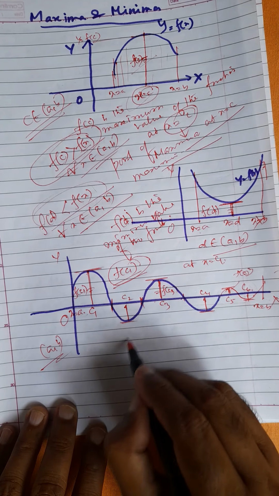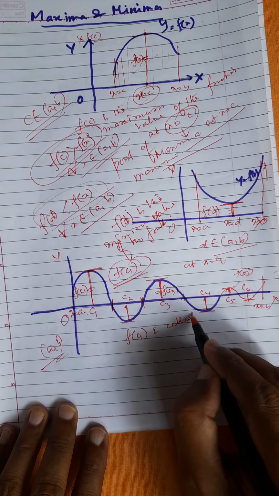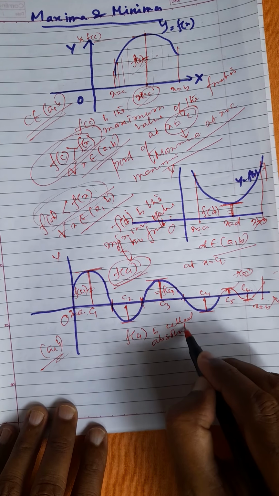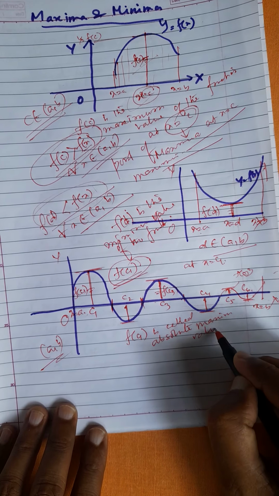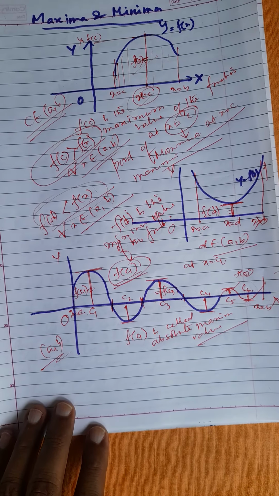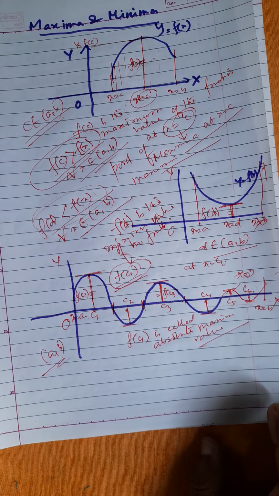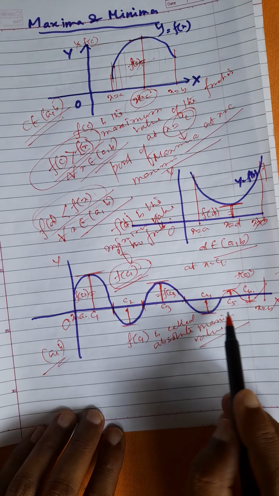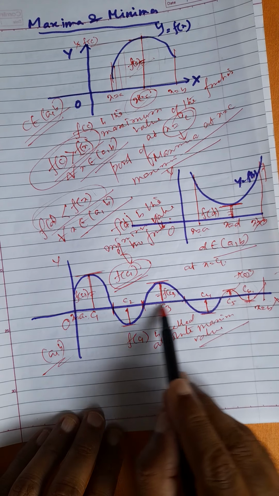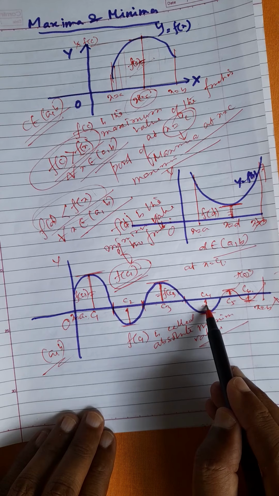In this case f(c1) is called the absolute maximum value. Okay, f(c1) is called what? Absolute maximum value. And similarly, if we see these three, this is f(c6), this f(c5).